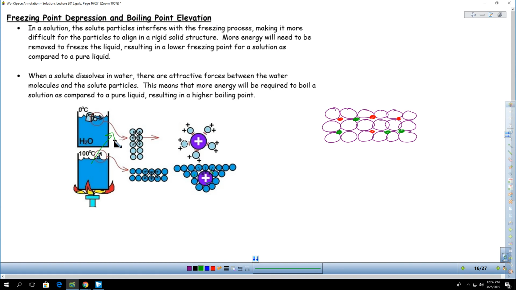If I have to add more energy to separate those water molecules from those ions in the solution, I'm going to need a higher temperature. So boiling points are elevated.